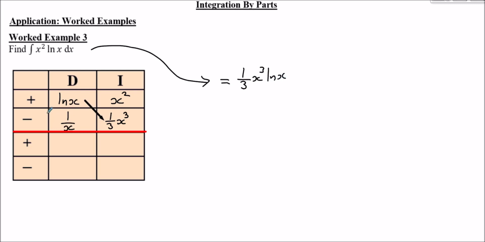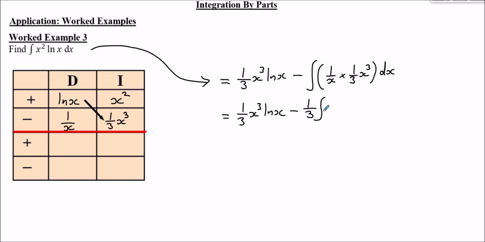Then the integral of this is going to be minus 1/x multiplied by 1/3 x cubed dx. So that's 1/3 x cubed ln x. I can take this 1/3 to the outside of the integral. That's going to give me x squared dx.